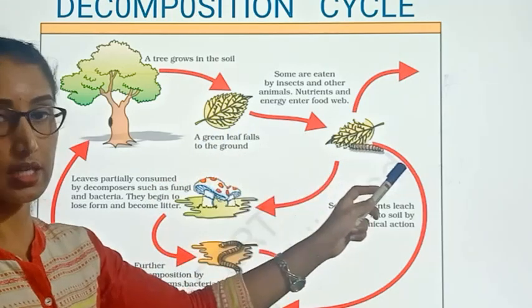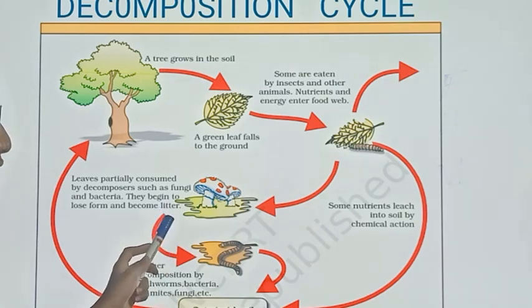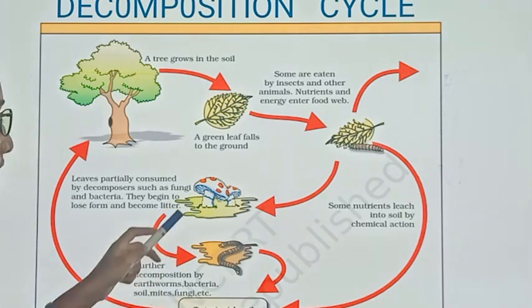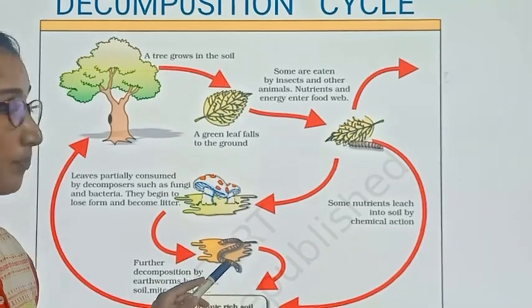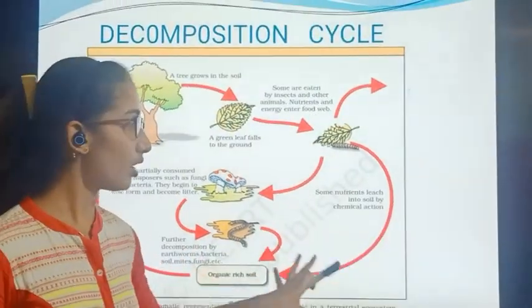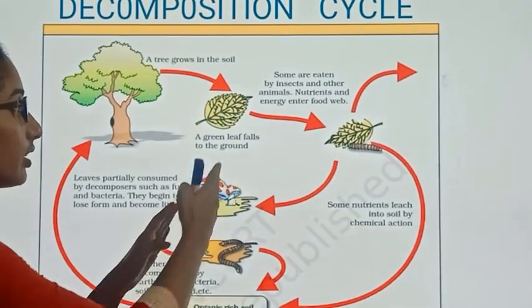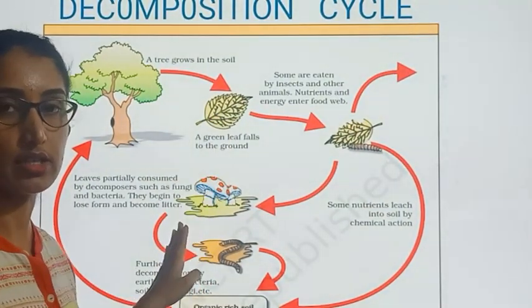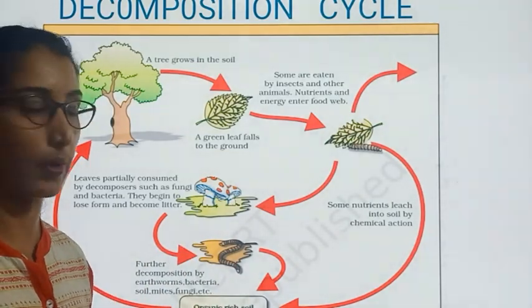It might be eaten by insects, or it may be decomposed by fungi or bacteria, or it may also be eaten by the earthworm. Finally, what is happening here? The organic substance or the detritus is getting broken down in different ways.